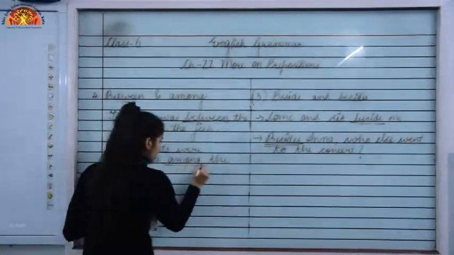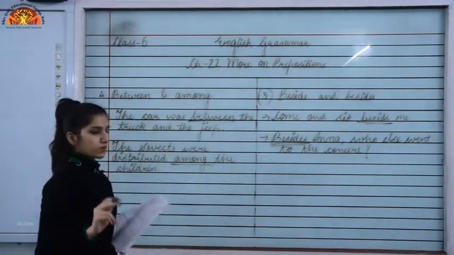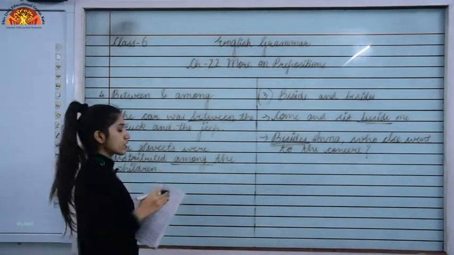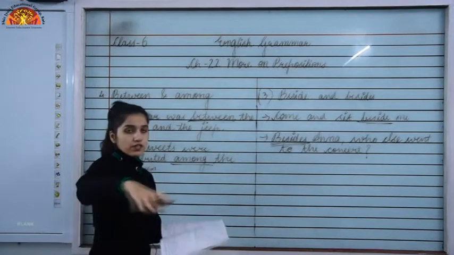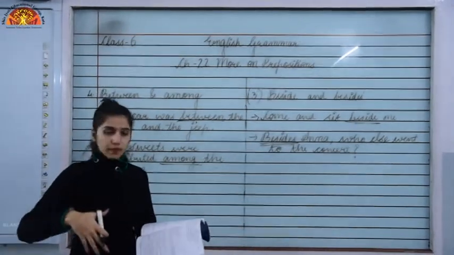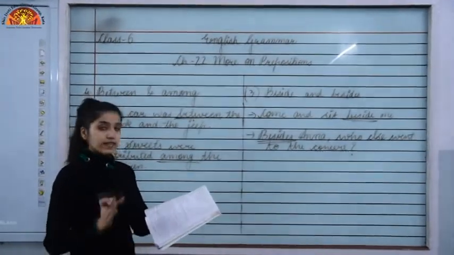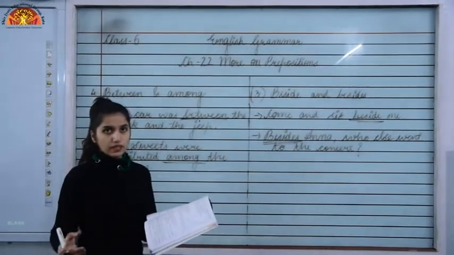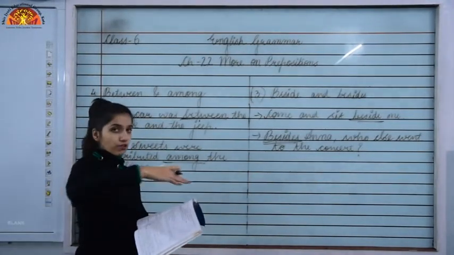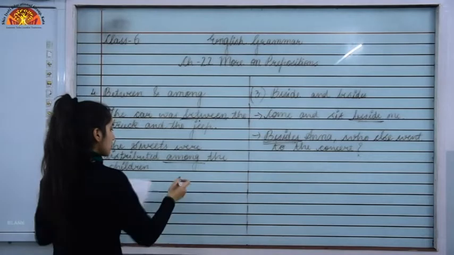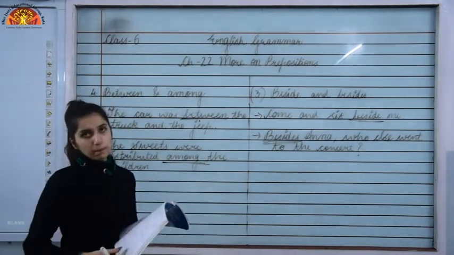Okay, I have used among over there, not between, because sweets were distributed among the children, among the large group of people, isn't it? So that is why they are not separated, okay, and they are considered as a part of a large group. Okay, that is why I have used among, not between.